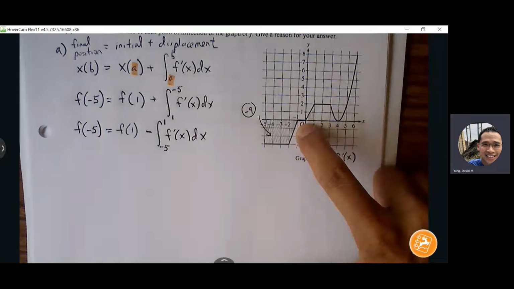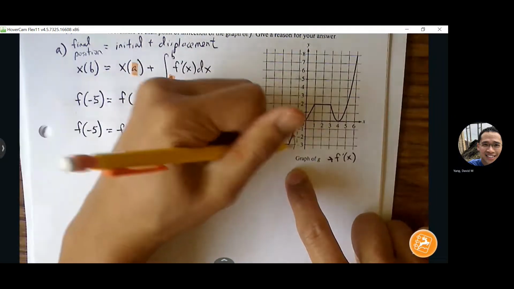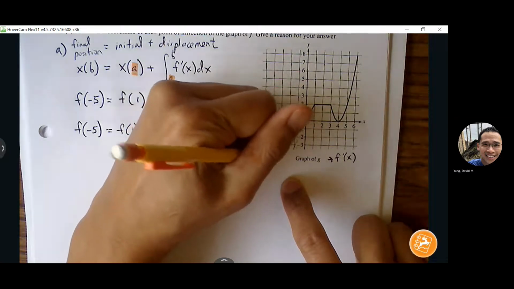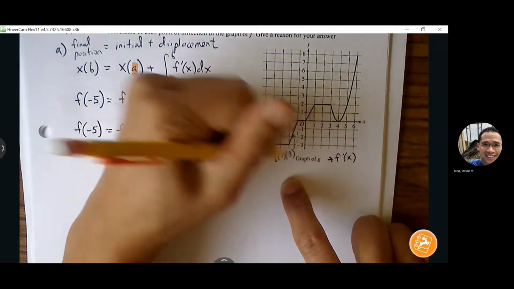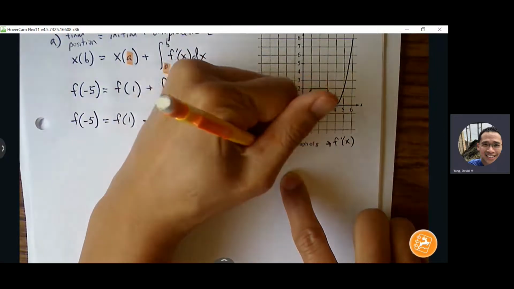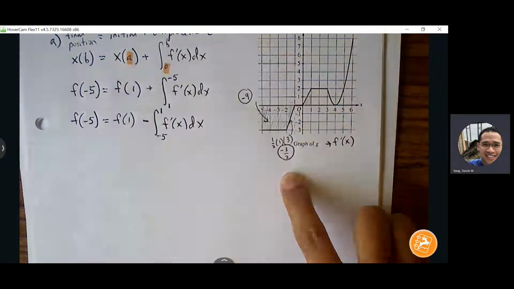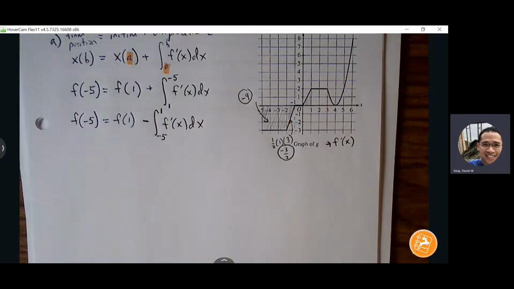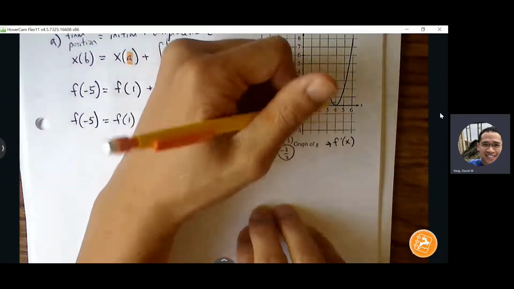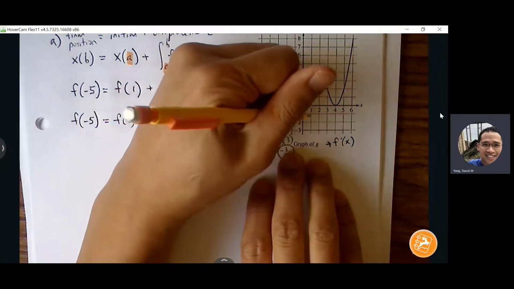This area here is 1/2 base times height. That's below the x-axis, so I say that's negative 3/2. And this portion is above the x-axis, so 1/2 times base 1 times height 2. That's just going to be 1.